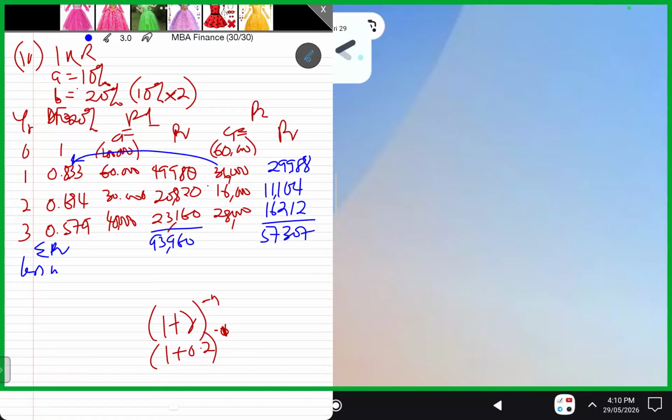Less initial investments. This is 100,000 for plant 1, and this is 60,000 for plant 2.